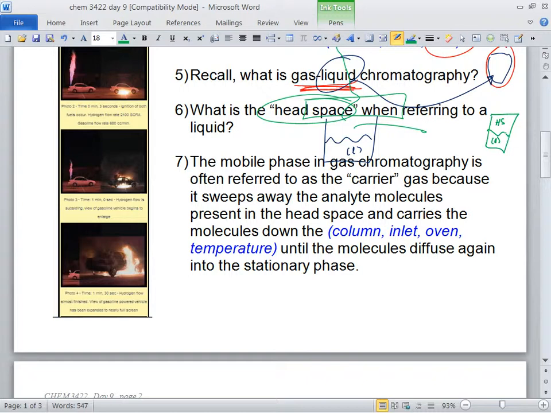So they're going into this liquid phase, and they're going into the mobile phase, and they only move when in the mobile phase. So this whole time, things are going down the, where's all this happening? In the column, yeah, and this whole affinity idea between mobile and stationary phase.